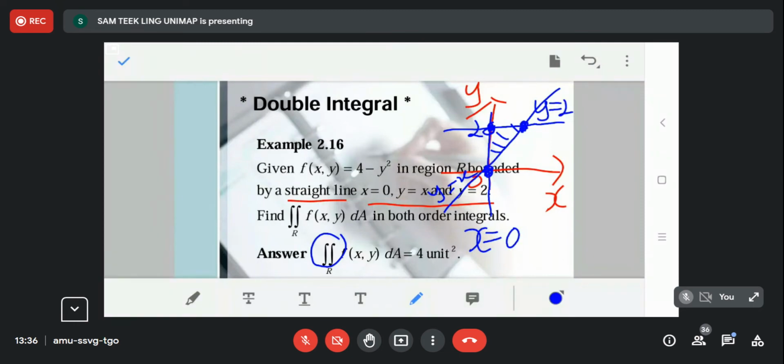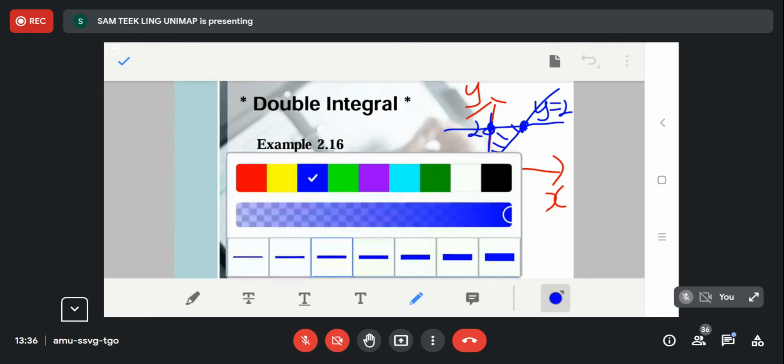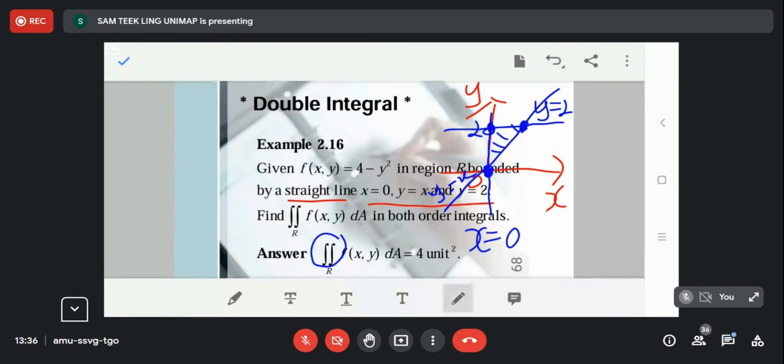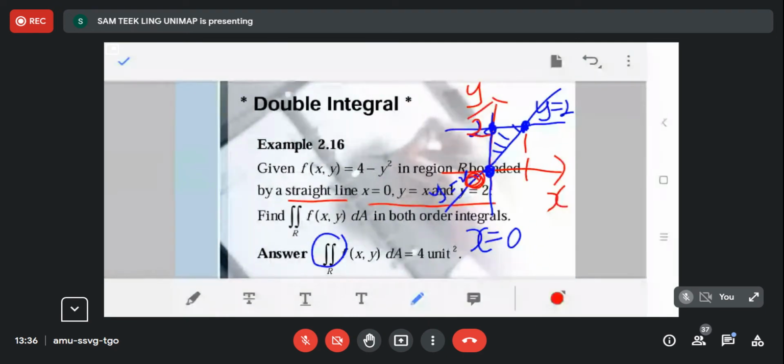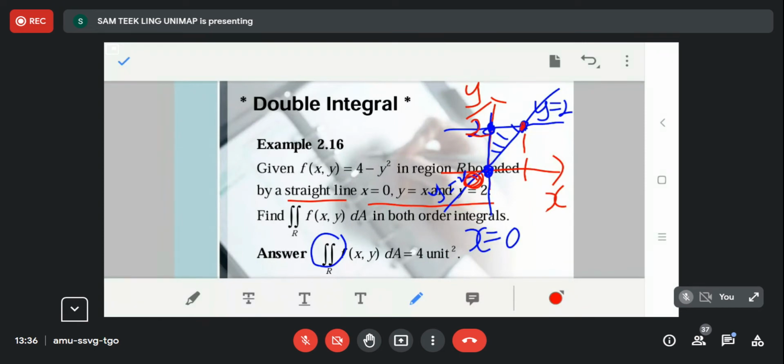For the first point, we know this point is 0, where y equals x equals 0. Then what is this other point? We know y equals 2 and x equals what?